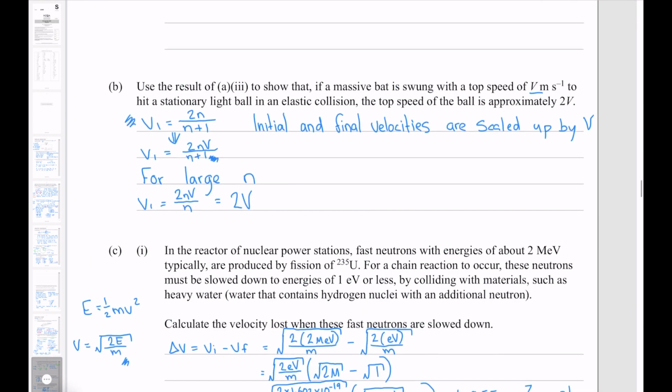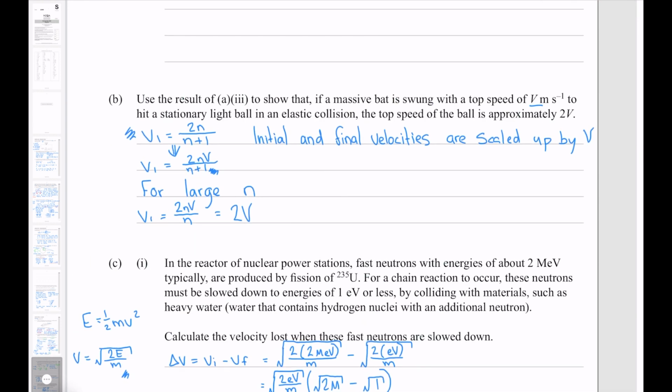So if we look at our B here, if we consider our neutron as striking something a lot more massive than itself, in this case in place of our massive bat, we see that the final velocity of our neutron is going to be twice the initial velocity, which is not at all ideal, since what we're trying to do is to reduce the velocity. We're trying to absorb the energy, slow them down enough that they're able to react.